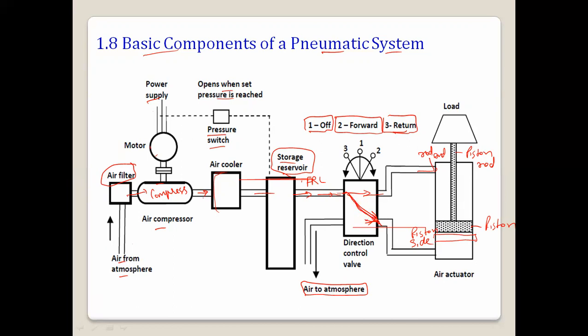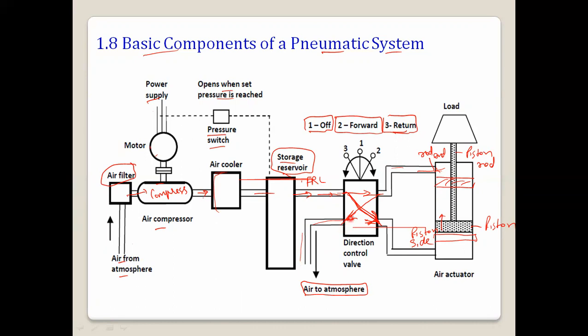Air will come here to the piston side, then the piston will move upward. Then the air left collected here will come to the direction control valve, then from the direction control valve it will be released to the atmosphere. In this way the pneumatic system will work.